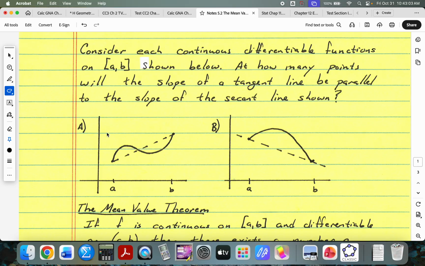And the secant line I've shown is dotted. So how many places on this one will we have a tangent line that's parallel to this dotted line? If I was drawing in a tangent line, how many of them would be parallel to the dotted line?